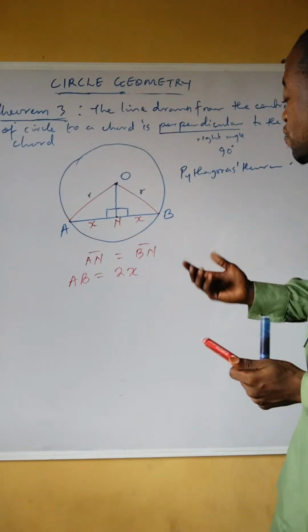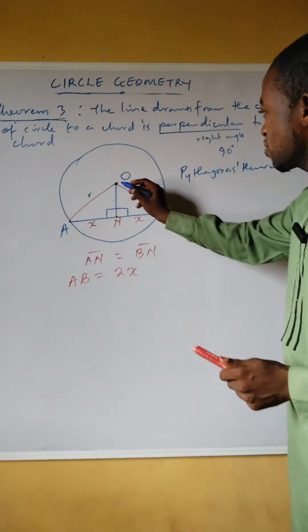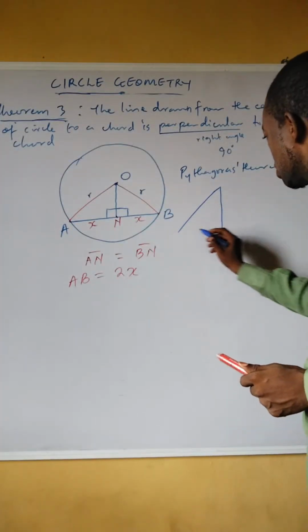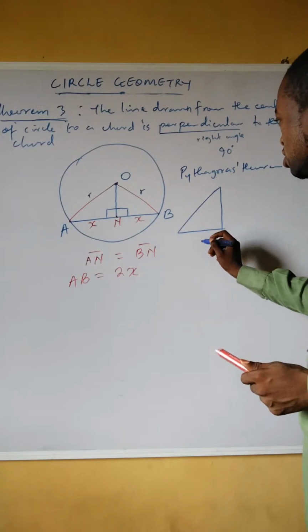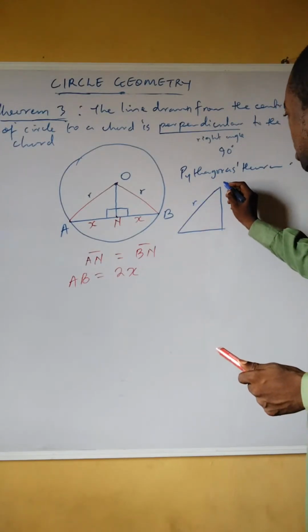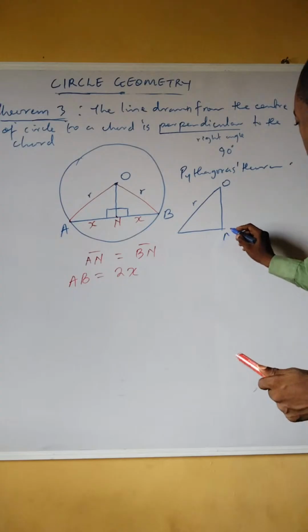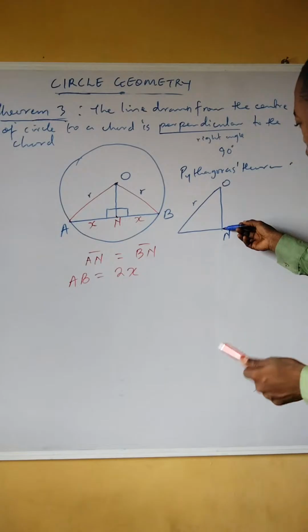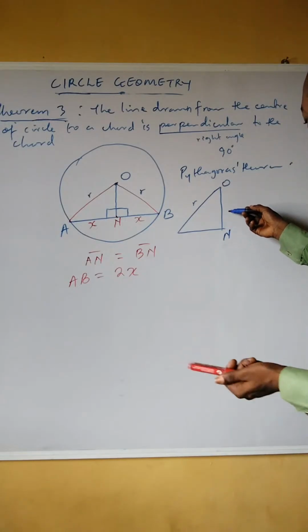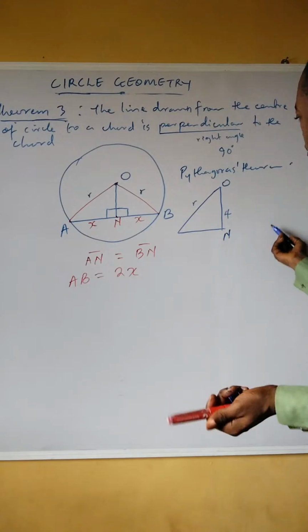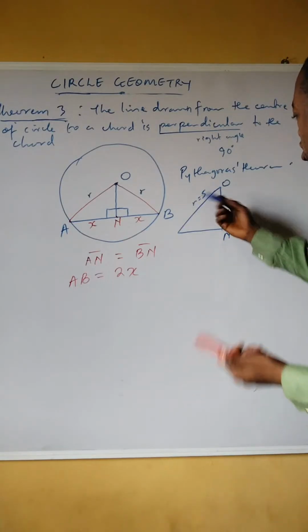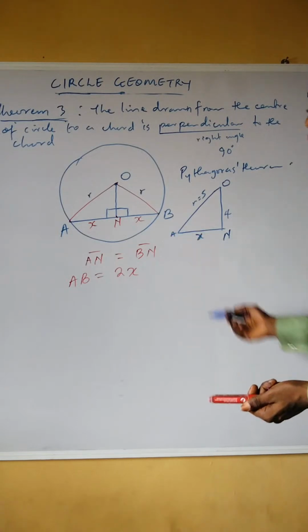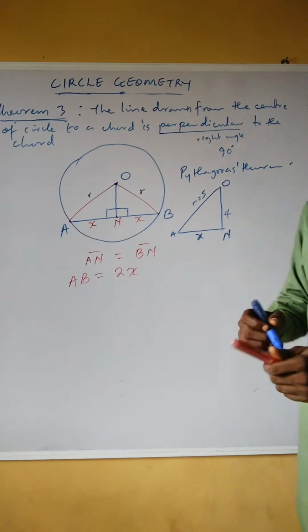For instance, if the distance from the center has been given, let's bring one triangle out here. We call this R. We call this center O. We call this N. If we are given a distance from the center to this chord as say 4 centimeters, and we are given radius as 5 centimeters, we can get x using Pythagoras theorem, and x will be 3 from Pythagoras triple.